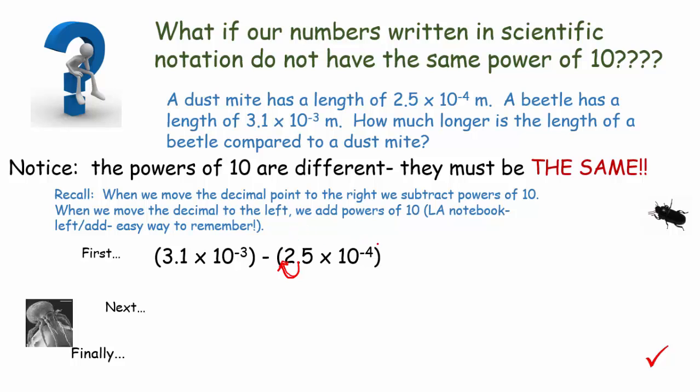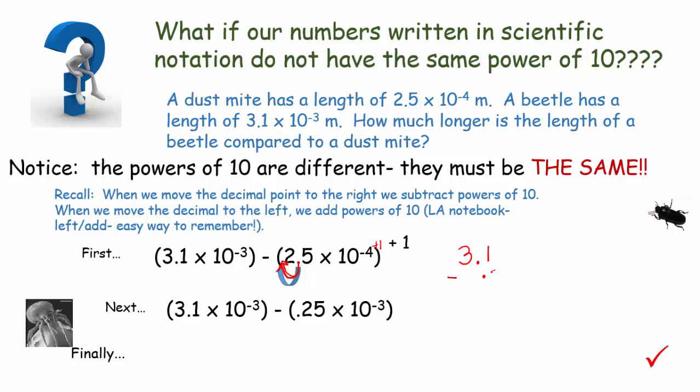Moving 1 to the left, LA, left add, means we're going to add 1 to that negative 4. And there we show it. So that way we have the numbers 3.1 times 10 to the negative third minus 0.25 times 10 to the negative third. And what you can do at that point is simply subtract those coefficients.